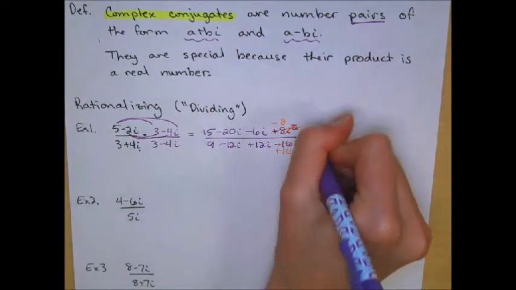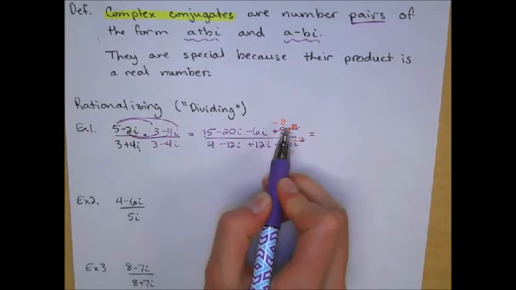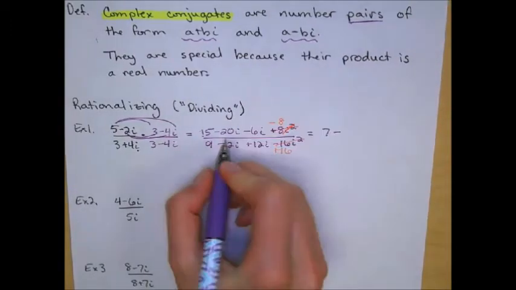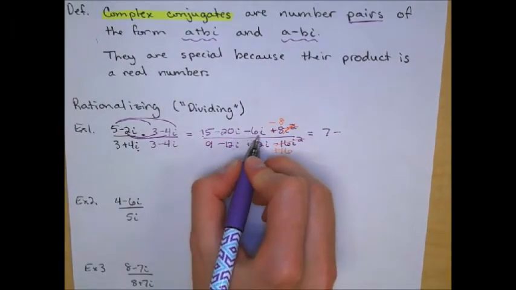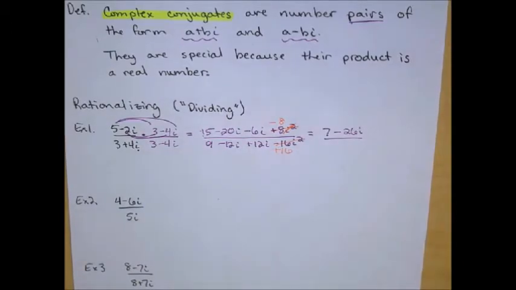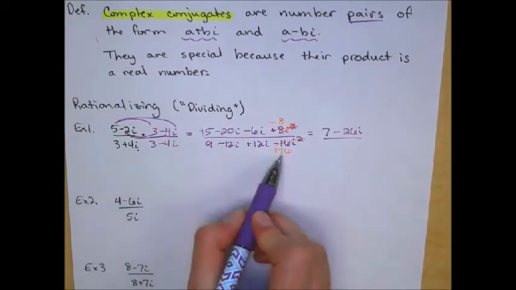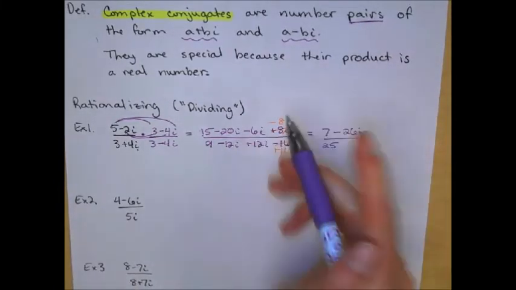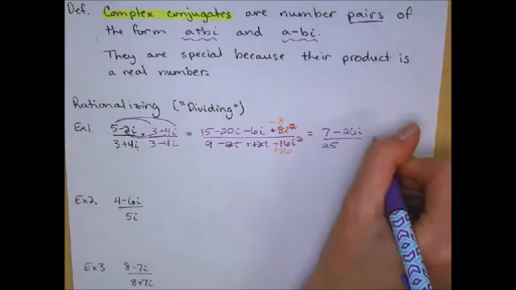So on the top, I have 15 minus 8 is 7, negative 20, negative 6, minus 26i, all over 9 plus 16 is 25. These cross out.